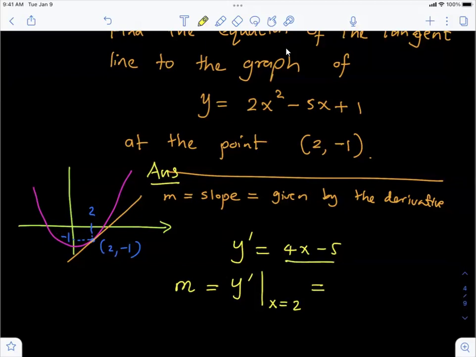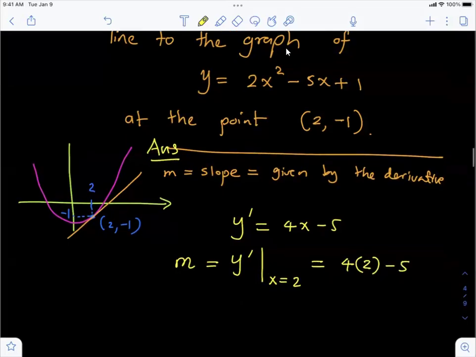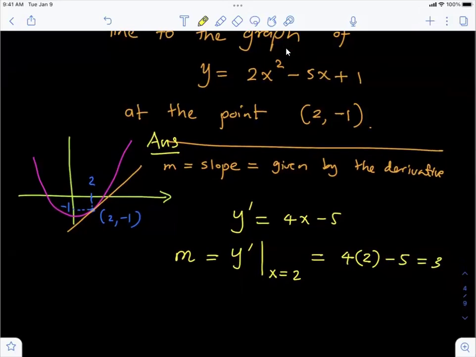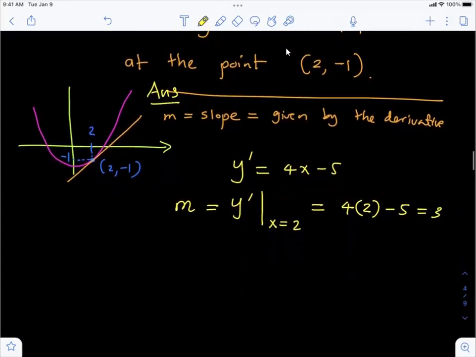I already know y prime is 4x. So 4 times, in the position of x, I'm going to place the value that I'm considering, 2, minus 5. Compute: 8 minus 5, it's 3. So now we have the slope and we know one point on the graph. So the point slope formula is y minus y1 equals m times x minus x1.